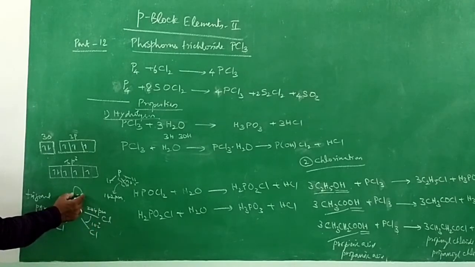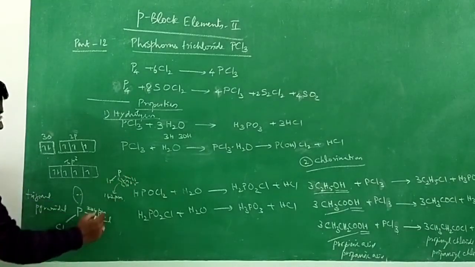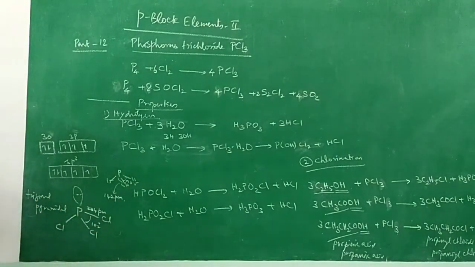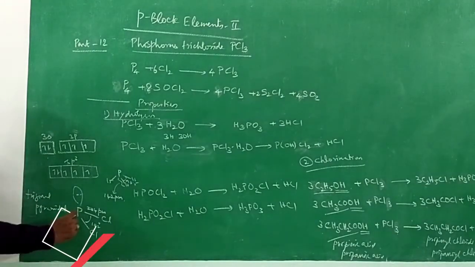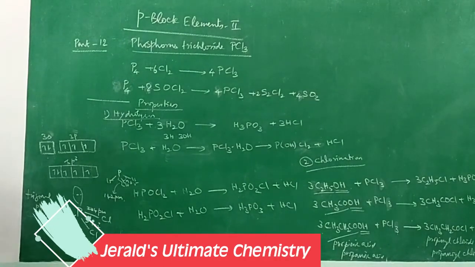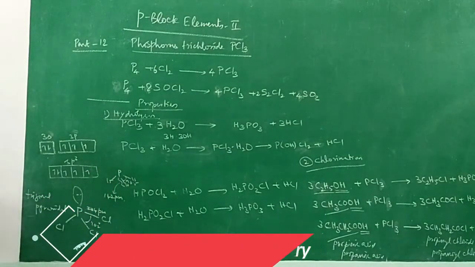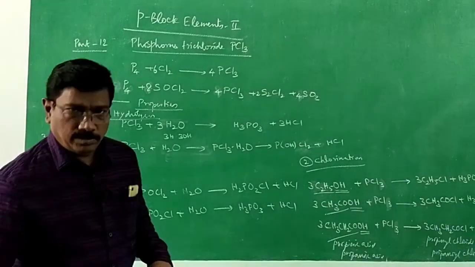It is because of the lone pair repulsion that it is reduced to 102. Here it is much reduced. Here it is reduced only to 102 degrees. So in PCl3, the P-Cl bond length is 204, unlike phosphorus-hydrogen. The angle is 102 in PCl3, unlike 93.5 in phosphine. Both you can compare. All right. Thank you.